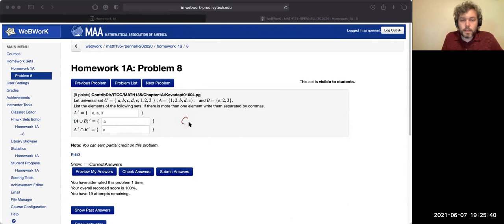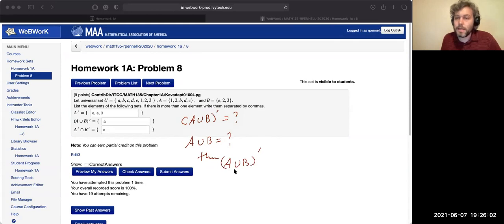And then for something like (A union B) complement, I would suggest first finding what A union B equals, and then find (A union B) complement. So yet again, I would suggest doing the inside of the parentheses first before you try to solve the whole problem. So I would, excuse me.